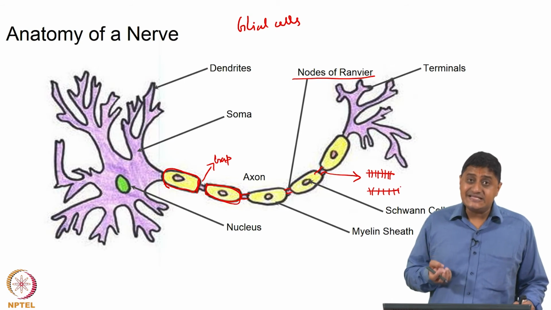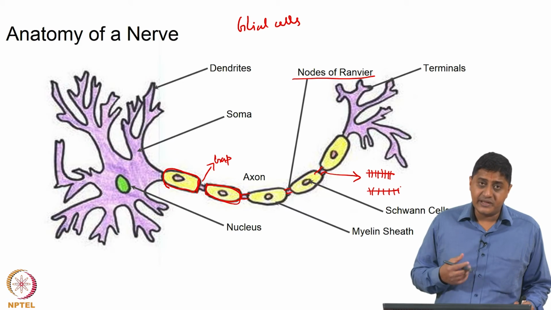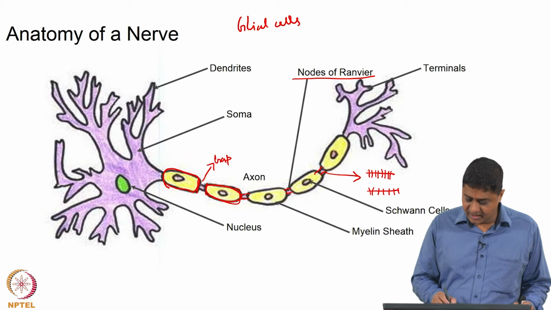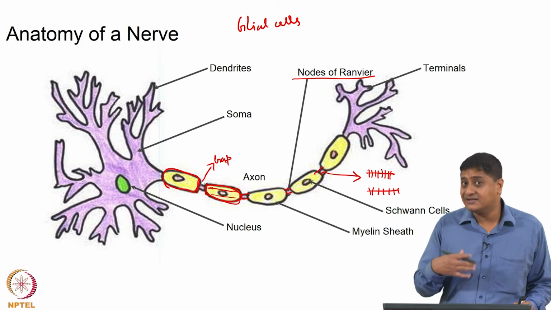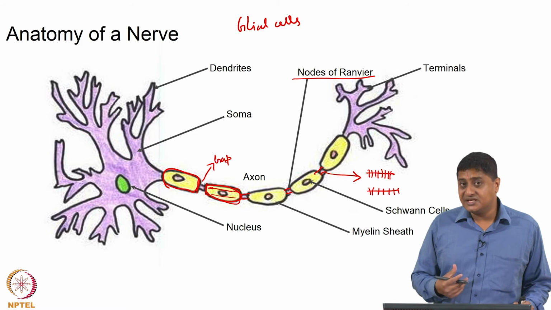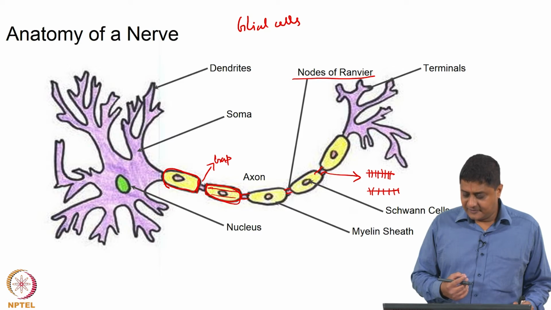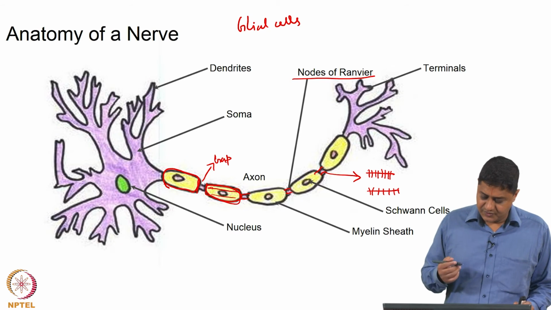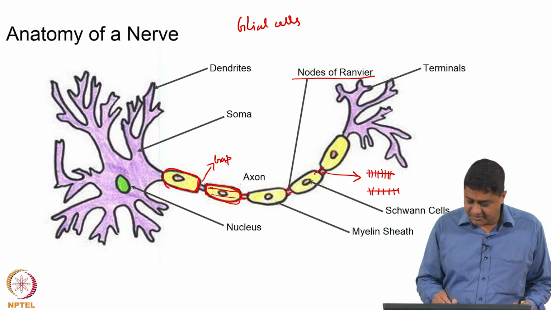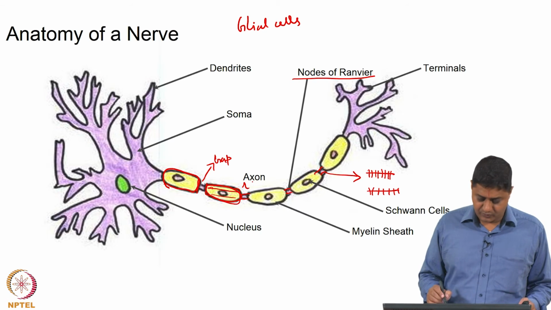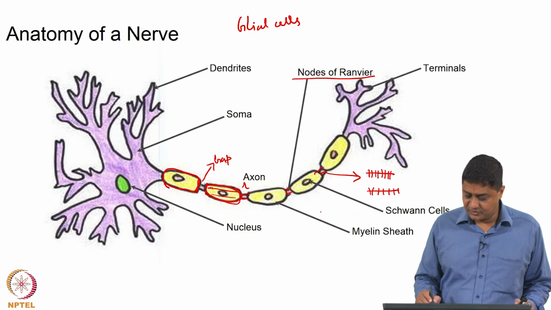So, the density of voltage gated sodium and potassium channels is very high when compared with the rest of the axon which is passing inside the insulation. So, this leads to a situation where an action potential can be quickly generated here. Why? Because membrane capacitance is reduced.